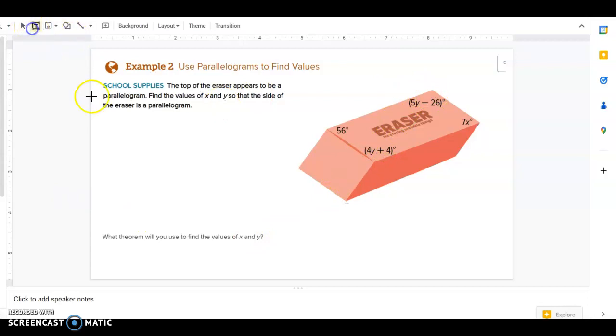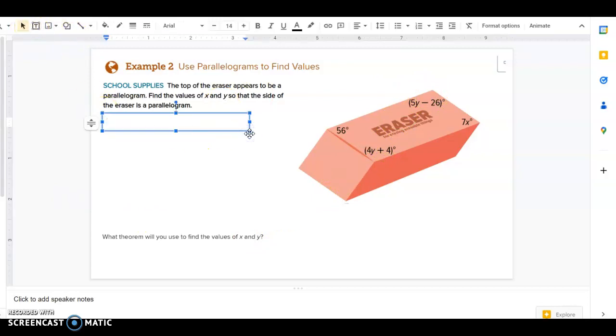So let's solve for the first one. My first equation will be 4y plus 4 equals 5y minus 26. The first thing I will do is get rid of this subtraction. I'm going to add 26 to both sides.